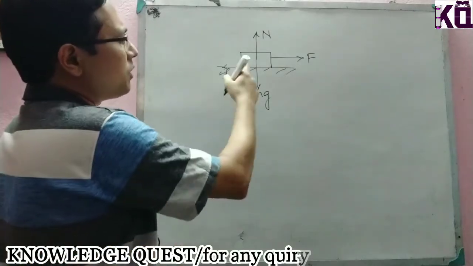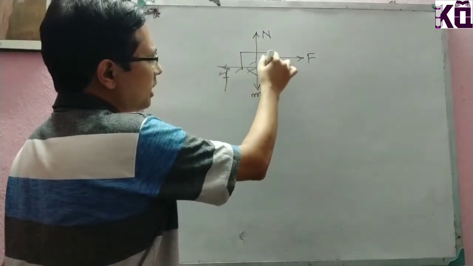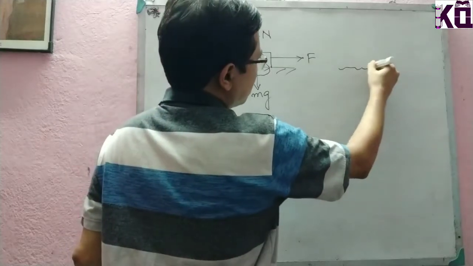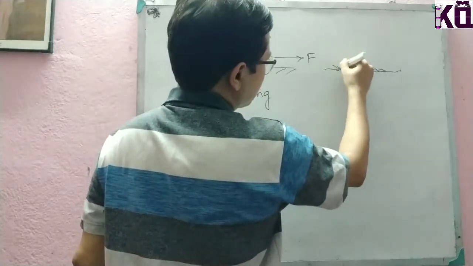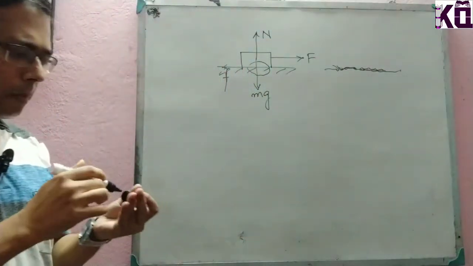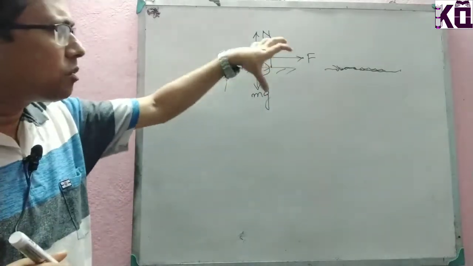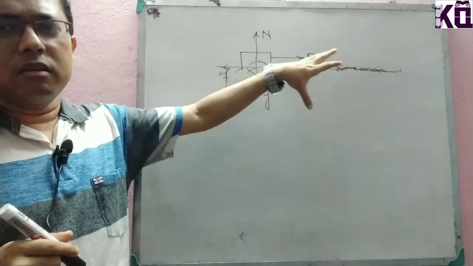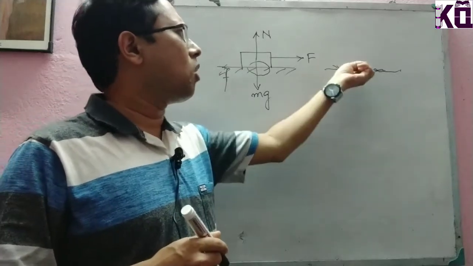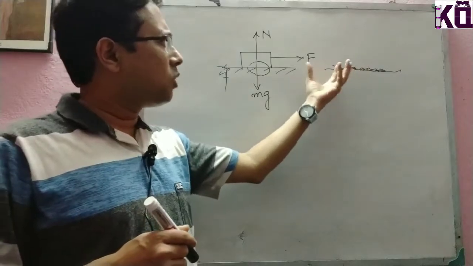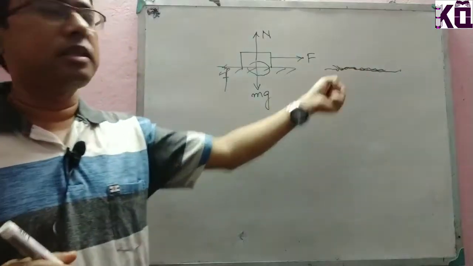Now, how does this frictional force basically act? If I look at this particular part, there are many undulations in the lower part as well as in the upper part. If we go to the microscopic view, we will see many more undulations, and these undulations lock with each other, so the movement of the body is resisted by the surface itself.